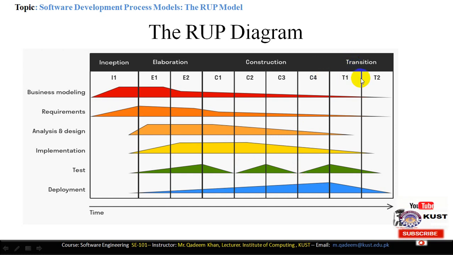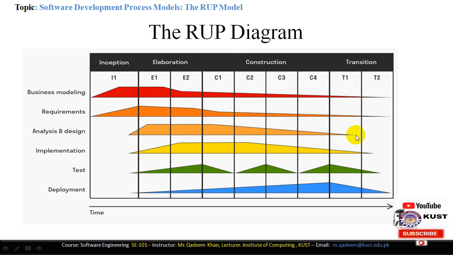The last one is the transition phase. Transition means installing the product on the customer environment and providing the product practically for usage. So here we will again do a little bit of business modeling. If the transition phase has certain problems, then we will again do the business modeling, again the requirements, and again the analysis and design.